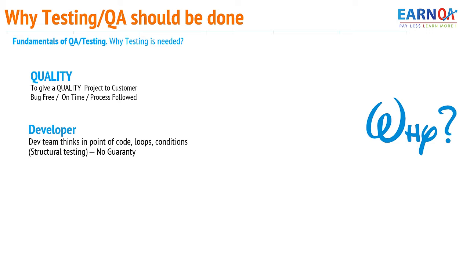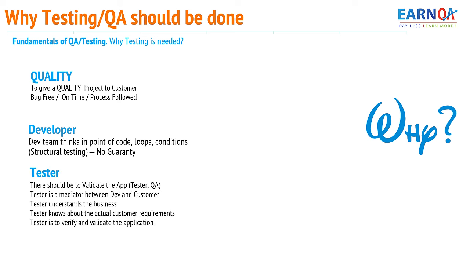I am the mediator between the dev and the customer. The tester is the mediator who takes care of the complete verification and validation part, who would certify the build, and who would verify and provide the quality of the application. And thus we are there. So testing is essential because we do quality driven testing.